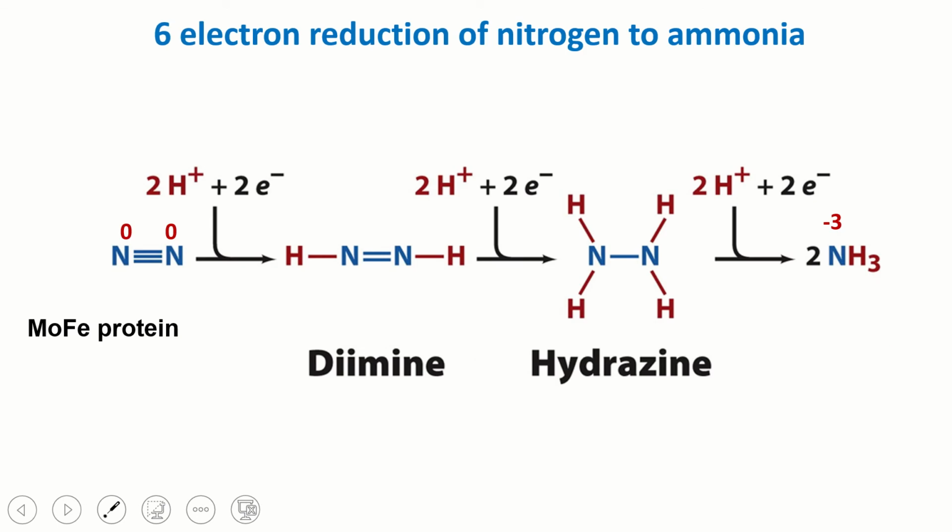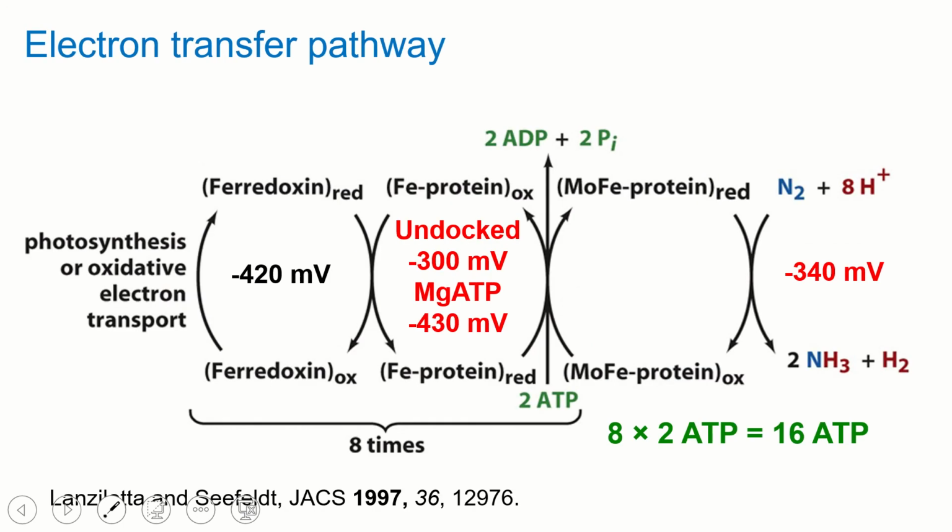So what is happening during all this? This is not a full picture because, as all these have shown, there's still somewhat of a question. While these depict one electron transfers to dinitrogen 8 times, it's still not quite clear whether physiologically this happens through 1 electron transfers or 2 electron transfers.